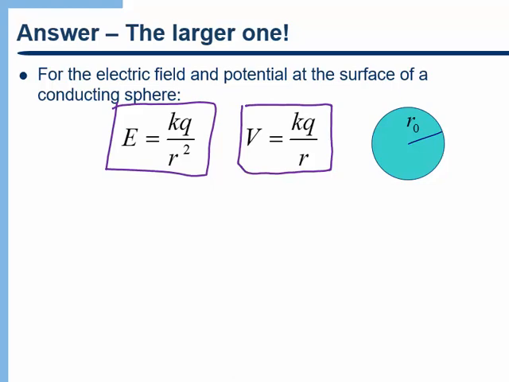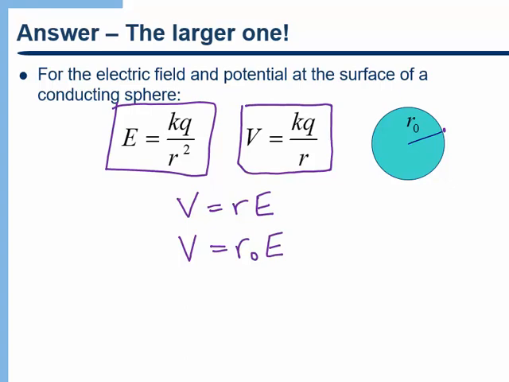You'll notice these formulas look very similar, except that V only has the r in the bottom instead of the r squared. Therefore, V is equal to r times E. And specifically, if we're looking right at the surface, V is equal to r naught, where r naught is the radius, times E.